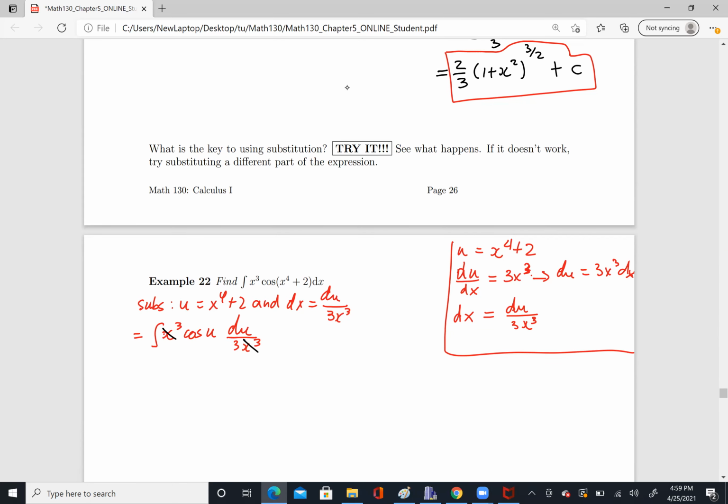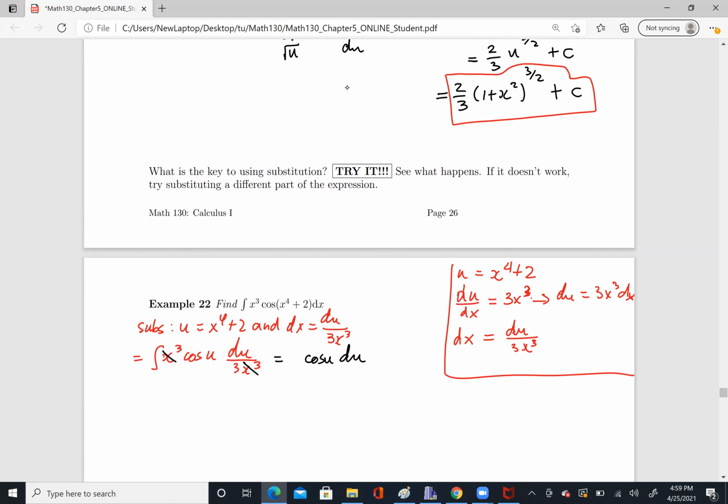So now your integral becomes the integral of cosine u du over 3. I can move the 3 outside of the integral because of the property with constants. So I can move out the 1/3 and have cosine u du.